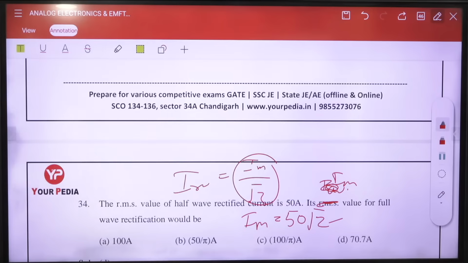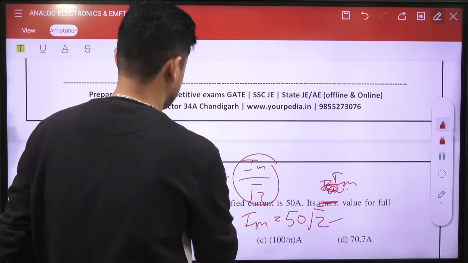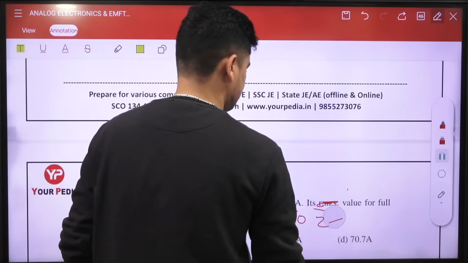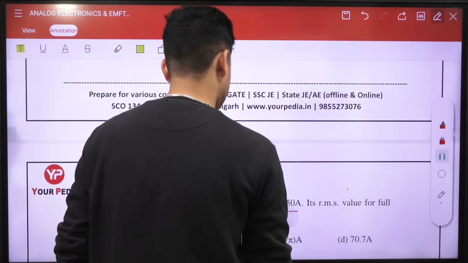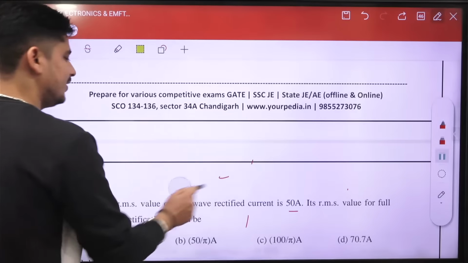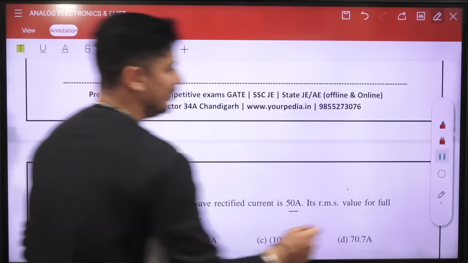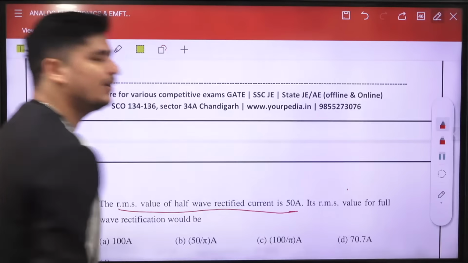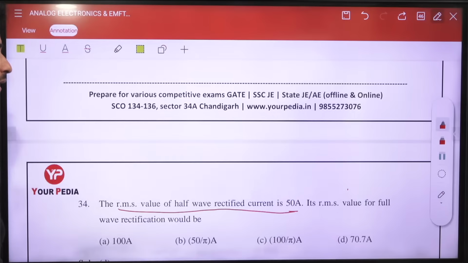Sorry. I think the question is different. He is asking that RMS value. He is giving it to you. Yes, this is a very good question. I didn't see that. Read it again. He says that the RMS value of the half wave rectifier is 50 ampere.